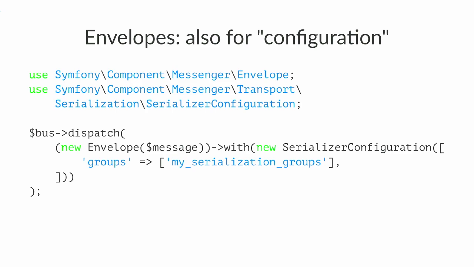Very likely in the next Symfony release, we are going to have these kinds of envelope items to be used for deciding whether I want to dispatch the message in the same Doctrine transaction or a different one. All these things that are much more on the infrastructure side than on the domain can actually go in these envelope items.